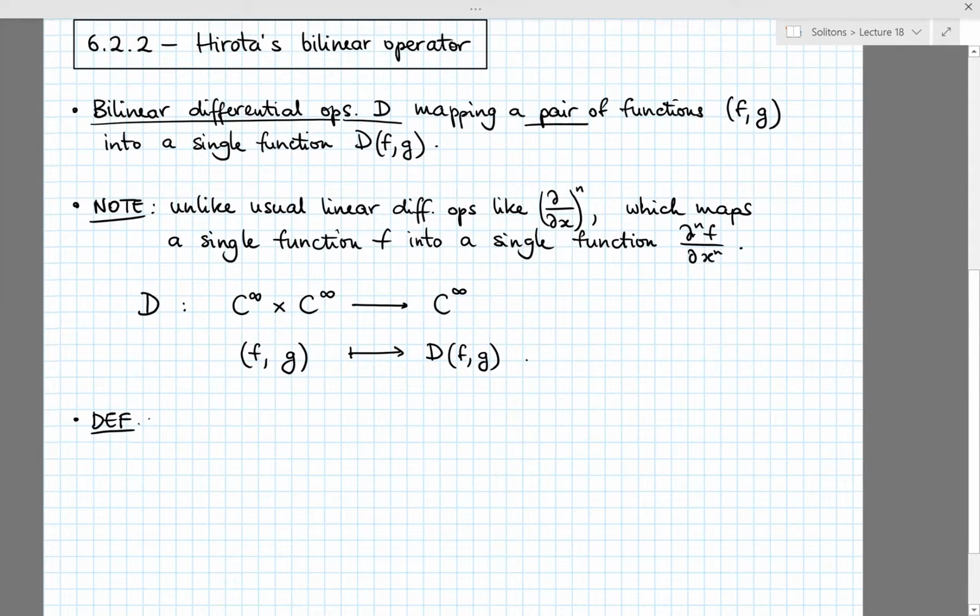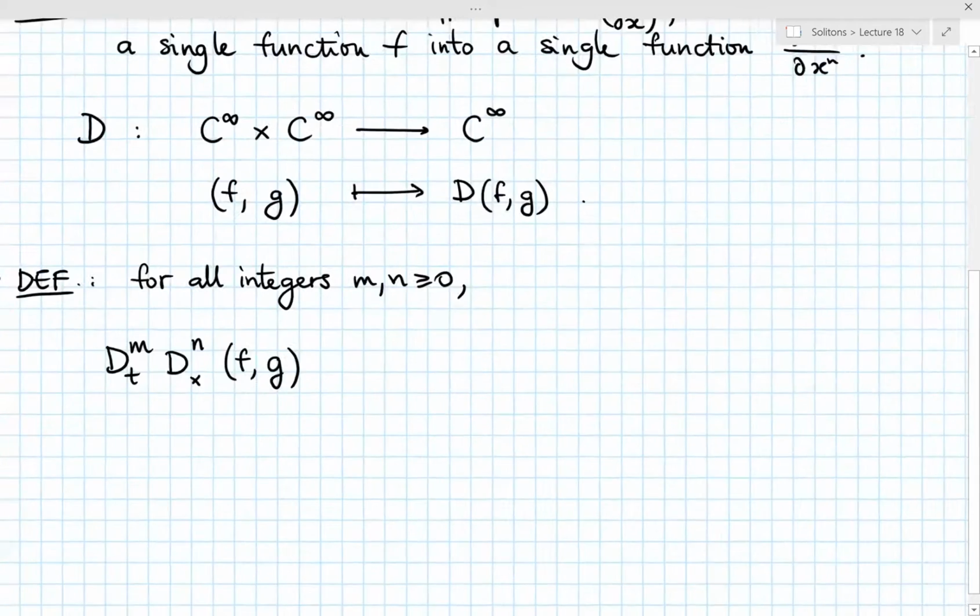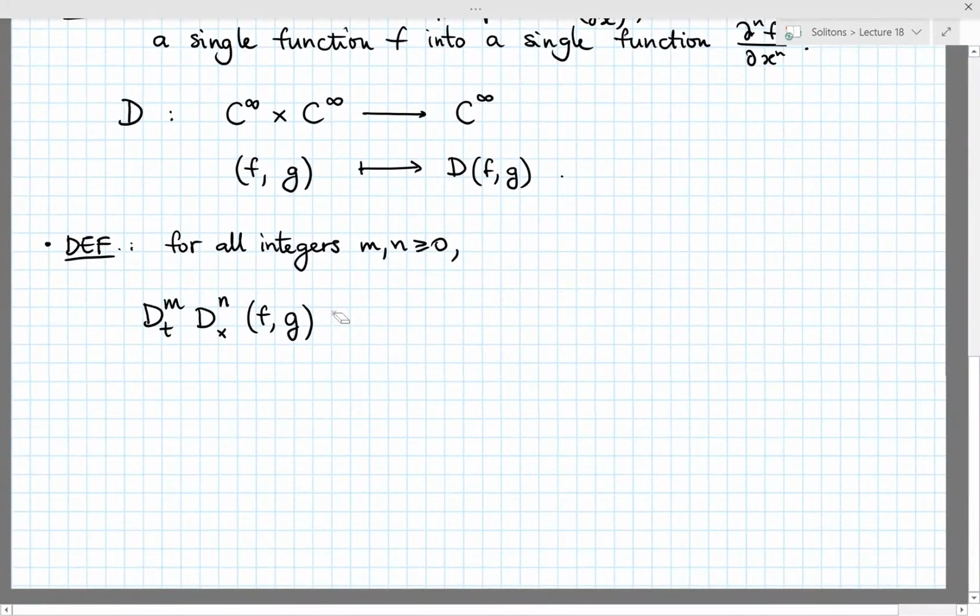So let's define for all integers m and n, which are non-negative, the following bilinear differential operator, which I call capital D t to the m, capital D x to the n, which acts on the pair of functions f and g. So I remind you, this is a new function, so it will be a function of x and t. And this is defined as follows.